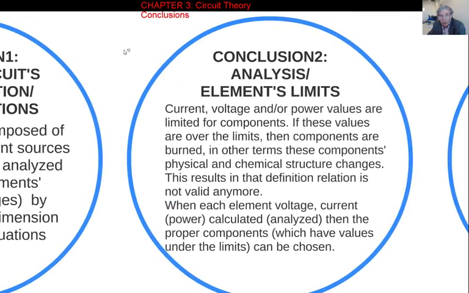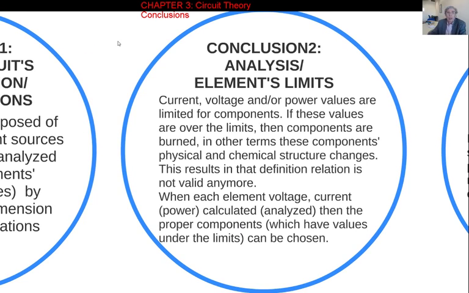Second conclusion, analysis, elements, limits. So when we analyze a circuit, let me read it and then explain it. Current, voltage and power values are limited for components. So that means for a capacitor, for example, there is a highest voltage that you could apply to that capacitor.